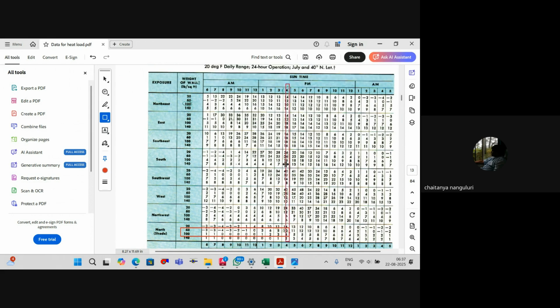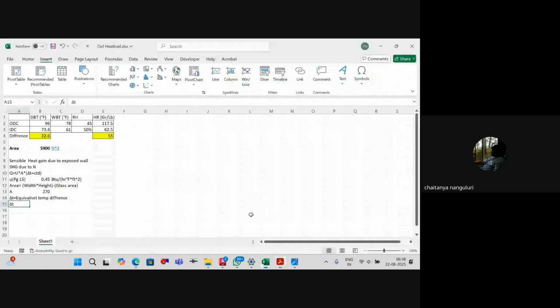You agree? So if you do it, for 60 you got 10 and for 100 you got 4, right? Yes. Okay. So for that, now we have to take 10 and 4. So we'll do interpolation.